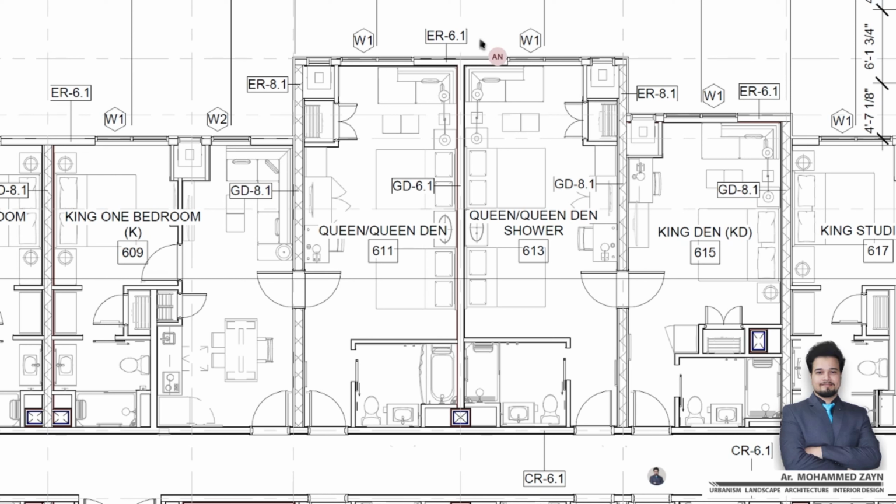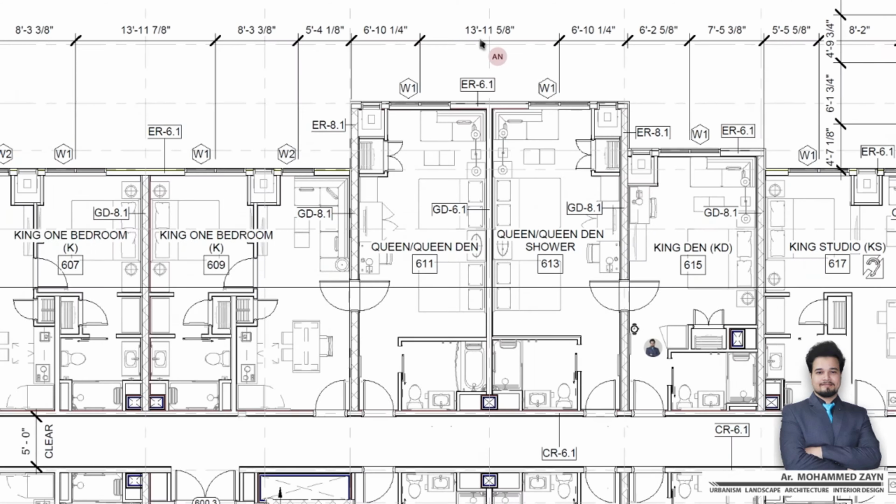Each and every window, if you see, has been documented with a tag. The W1 is the tag for the window. When we are tagging each and everything, it makes it very easy for us to schedule it or create a database for it in the further stage of the construction. So we'll just move forward.